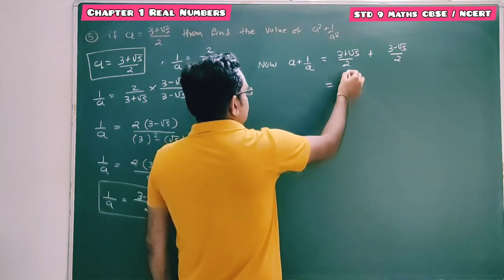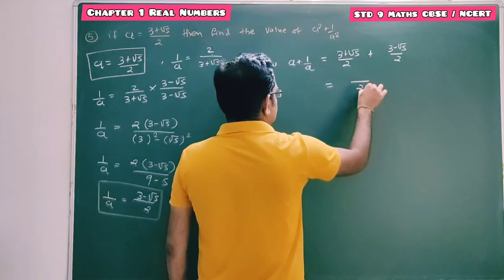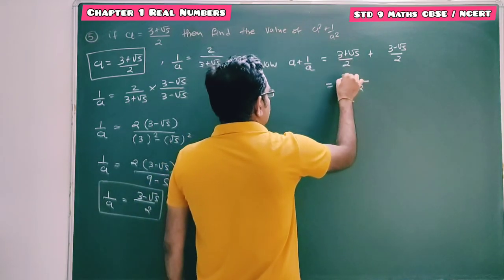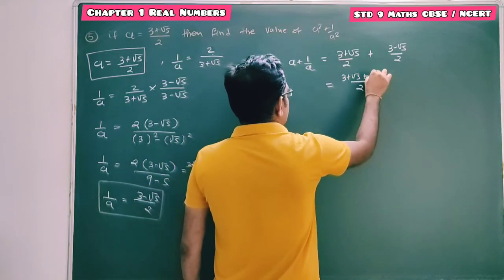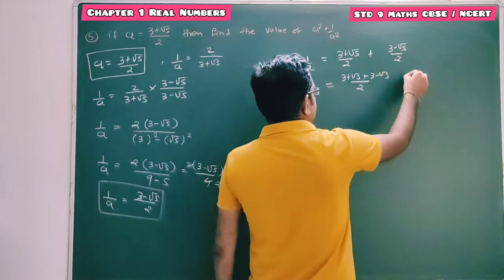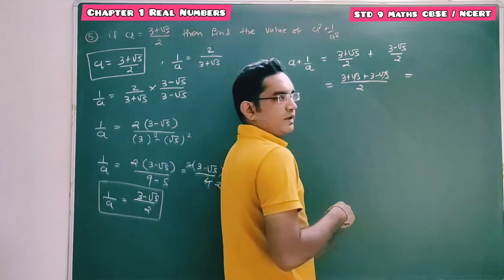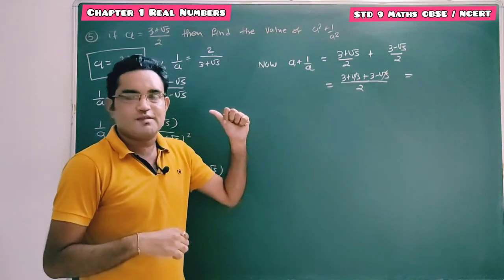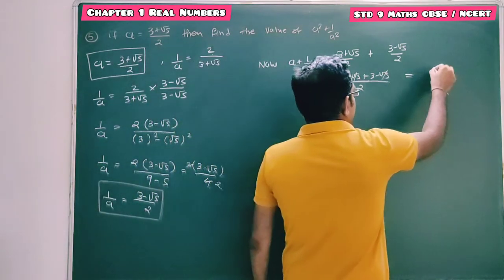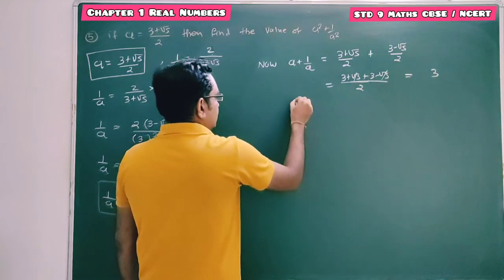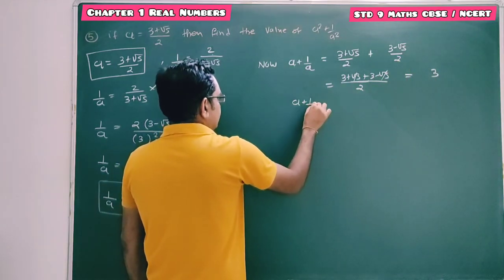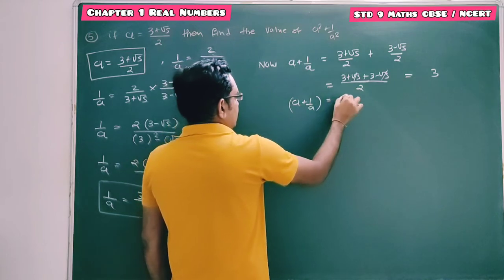So here we can take 2 as the LCM. So addition in numerator, it's 3 plus root 5 plus 3 minus root 5. Plus root 5 minus root 5 cancel out, 3 plus 3 is 6 by 2, that is equal to 3. So here we are getting a plus 1 upon a equal to 3.